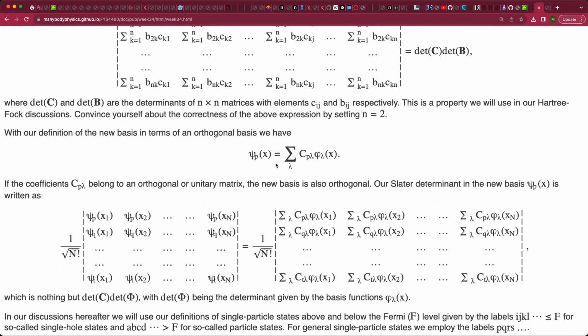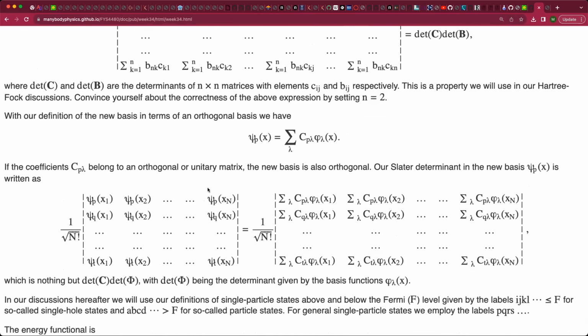So with this one, you can rewrite the new Slater determinant in the new basis in terms of all these linear combinations, where these elements, the C's, are actually elements of a matrix which represents a unitary transformation.